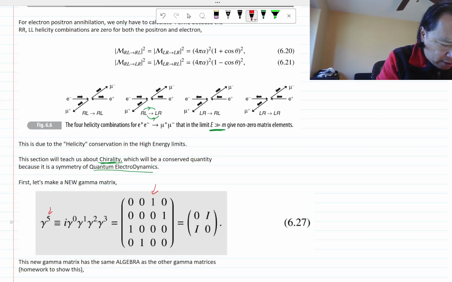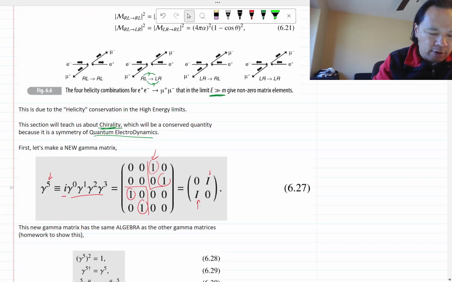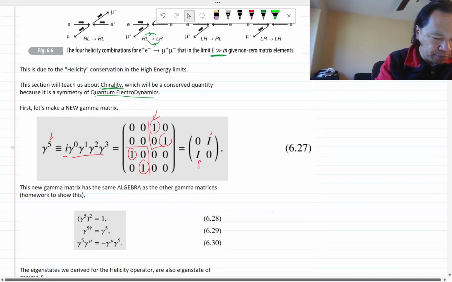Gamma 5 is defined to be i times all the gamma matrices multiplied together. If you do this matrix multiplication, you end up with ones in the off-diagonals: the identity matrix in the upper right and in the lower left, where these identity matrices are 2 by 2 matrices, so the whole thing is a 4 by 4.